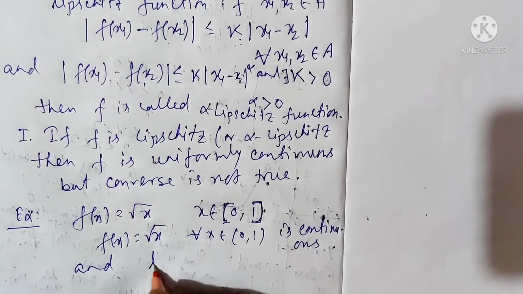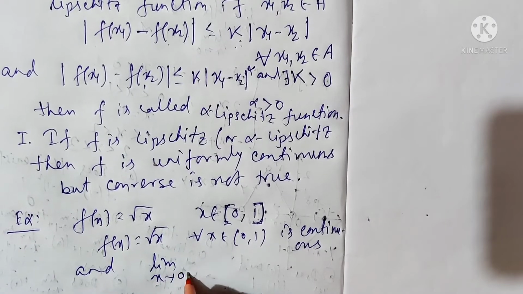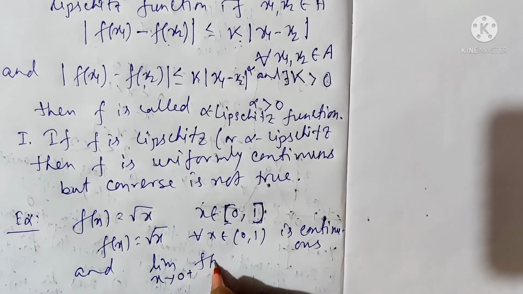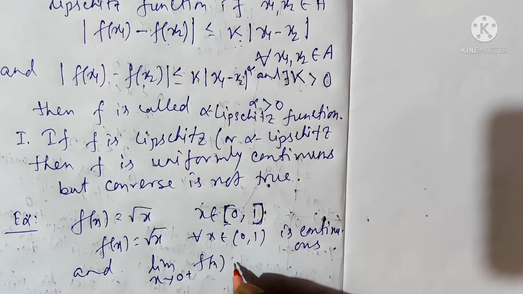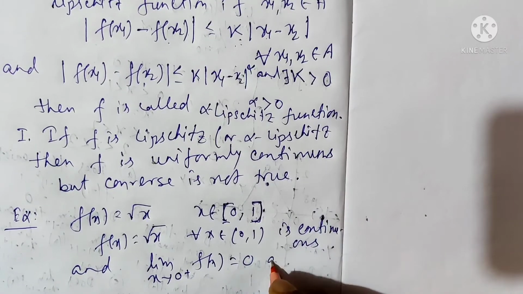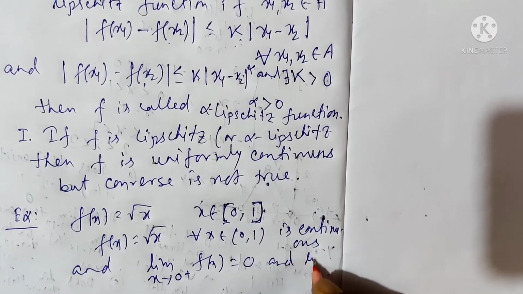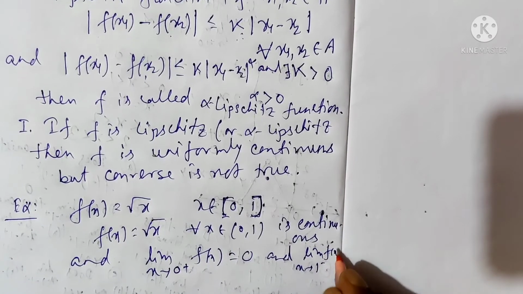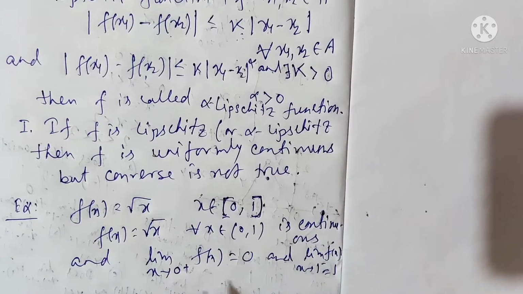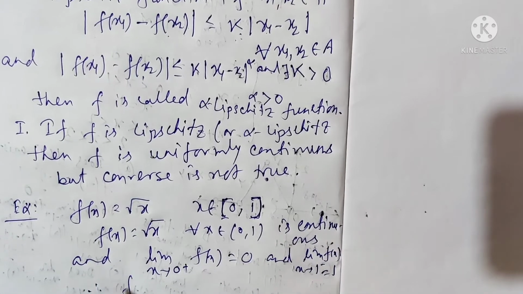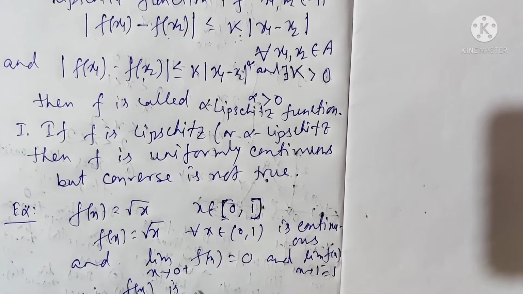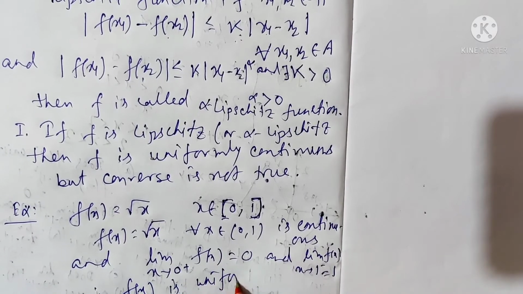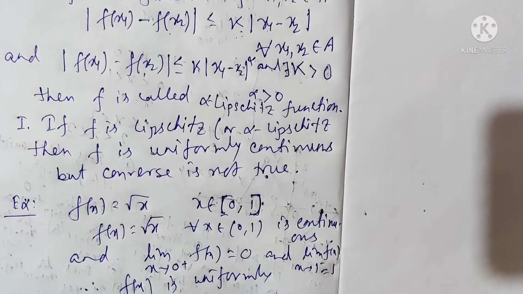And the limit as x tends to 0 plus of f of x equals 0, and the limit as x tends to 1 minus of f of x equals 1. So the endpoint limits exist. Therefore f of x is uniformly continuous.